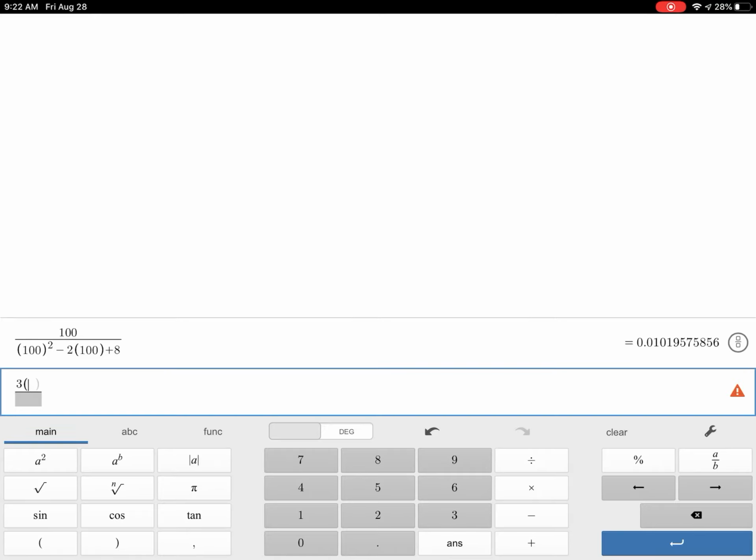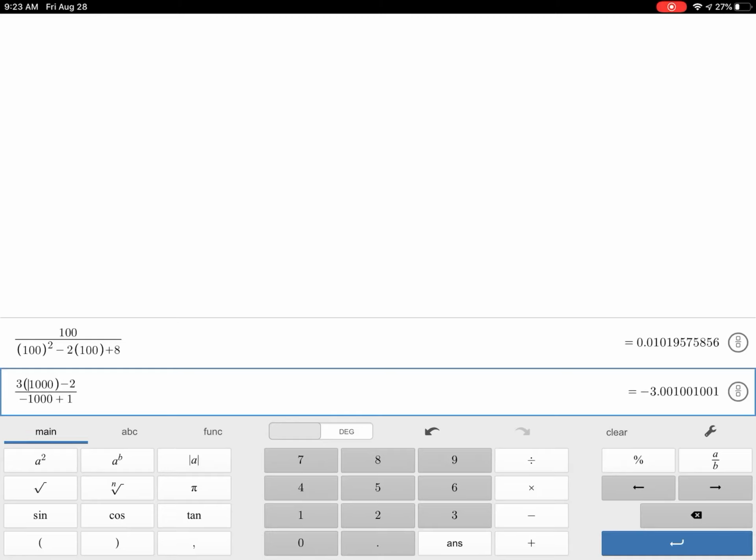It makes it easier to type. So 3 times negative 100 minus 2 over negative 100 plus 1. For negative 100, we get 3.0505. For negative 1,000, we get 3.005.